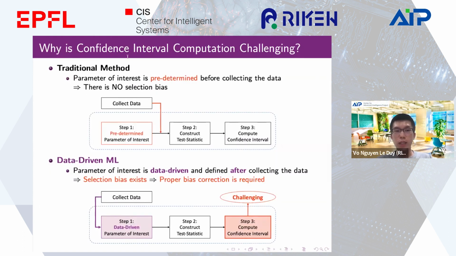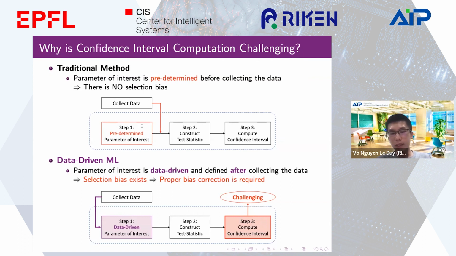So the question is, why is it challenging? Why is it difficult? In the traditional method, the confidence interval computation is simple. This is because the parameter of interest is predetermined before we collect the data. Therefore, no data selection bias exists.